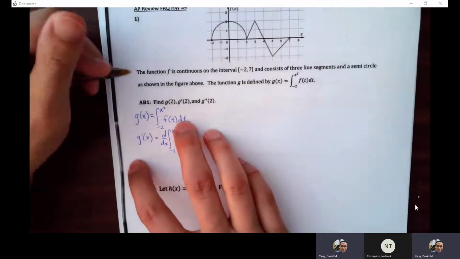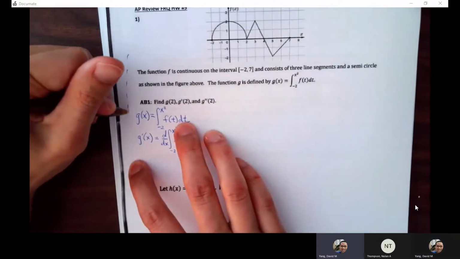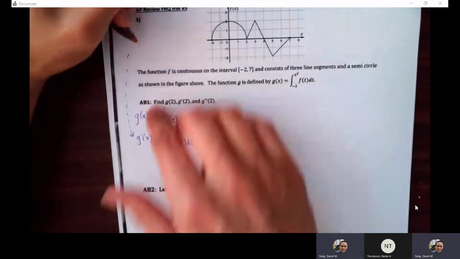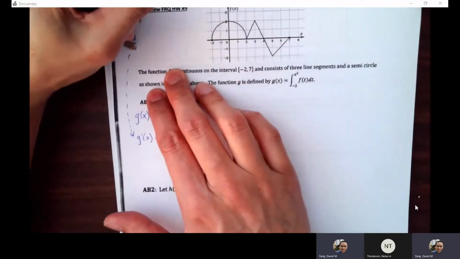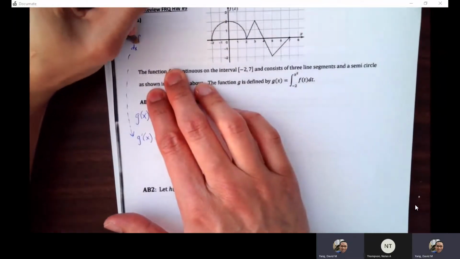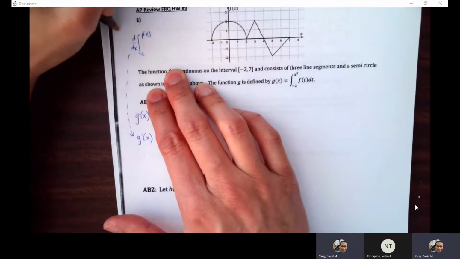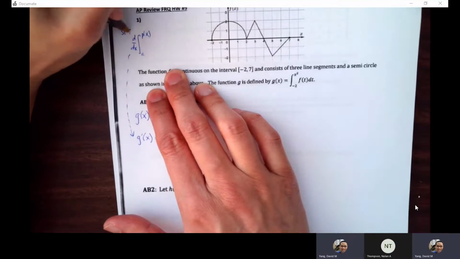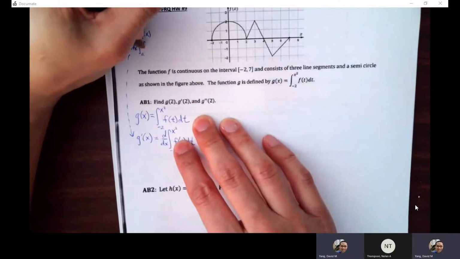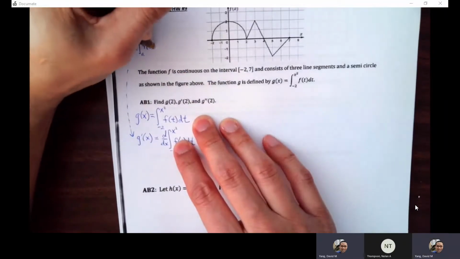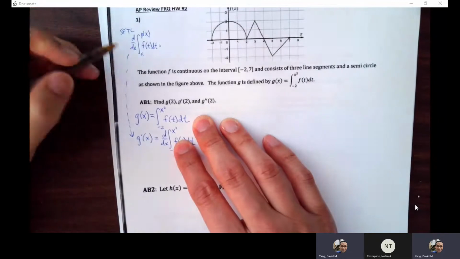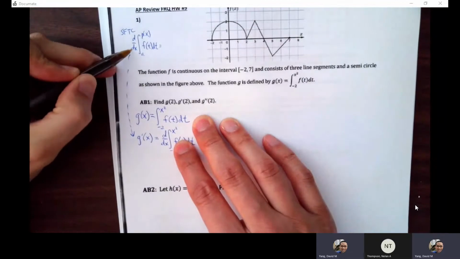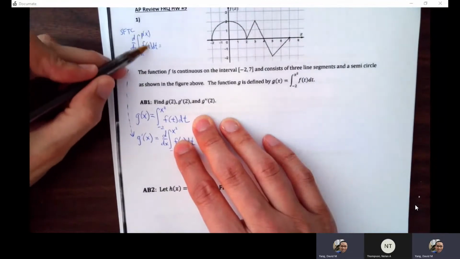Okay. And the second theorem says that if I want to find the derivative of a definite integral from a to p of x, these 2 operations are going to cancel each other out, but the upper bound is going to have some impact.